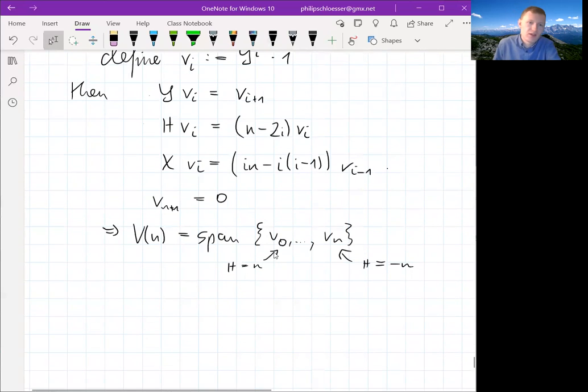So what our x and y do is that they, as we've already talked about, increase and decrease the h eigenvalue by 2.